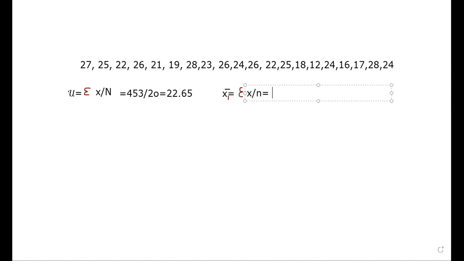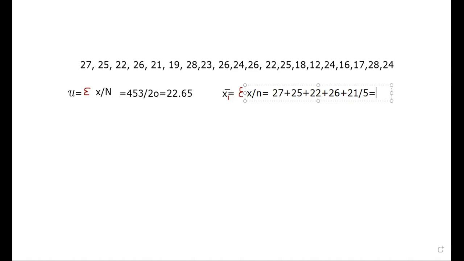the first 5 samples: 27 plus 25 plus 22 plus 26 plus 21 by 5, because our sample size is 5 here.